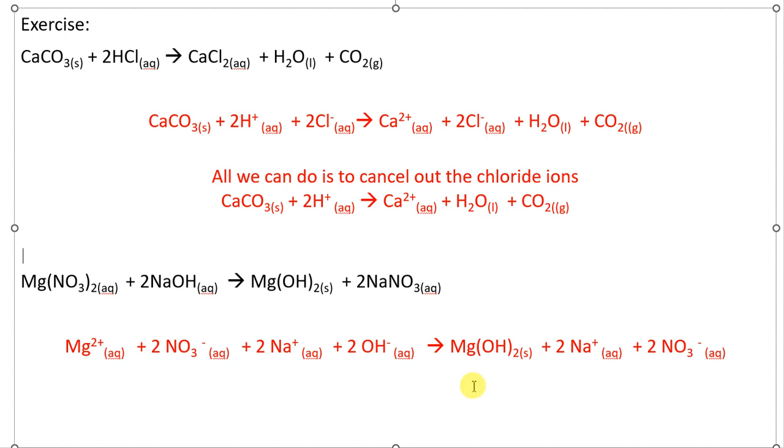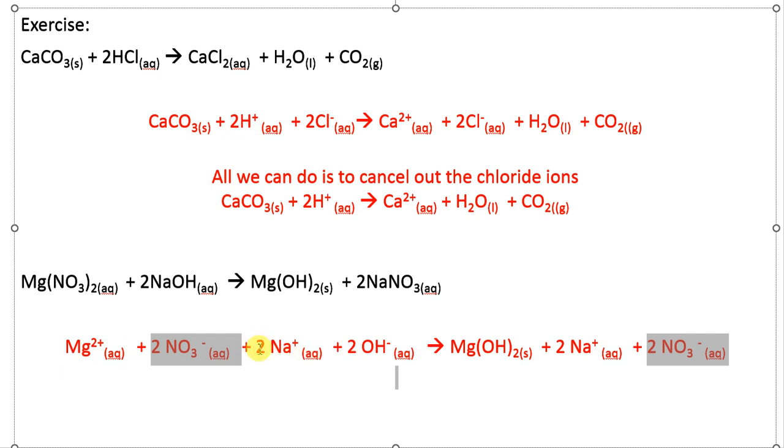Now to see if anything has not changed. I can see in the start, I've got 2 NO3 minuses. They're there at the end. No change. If there's no change, then I can cancel them out. Let's highlight that one. Keep this one highlighted to show no change.